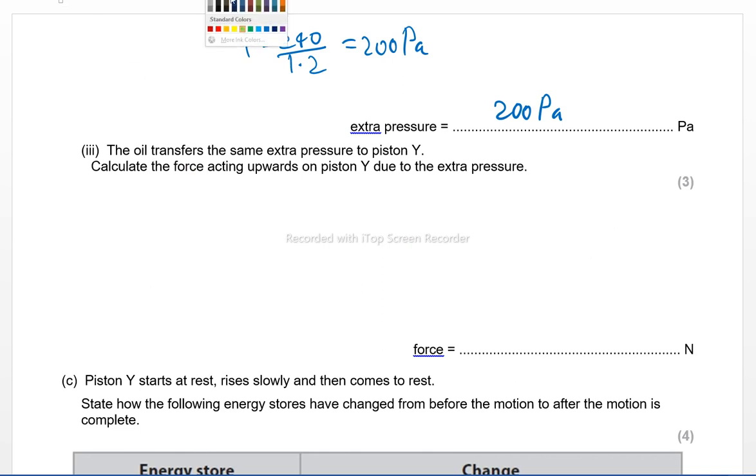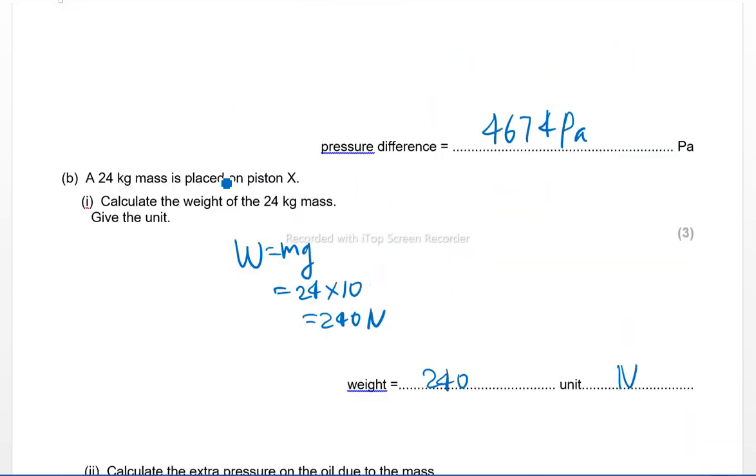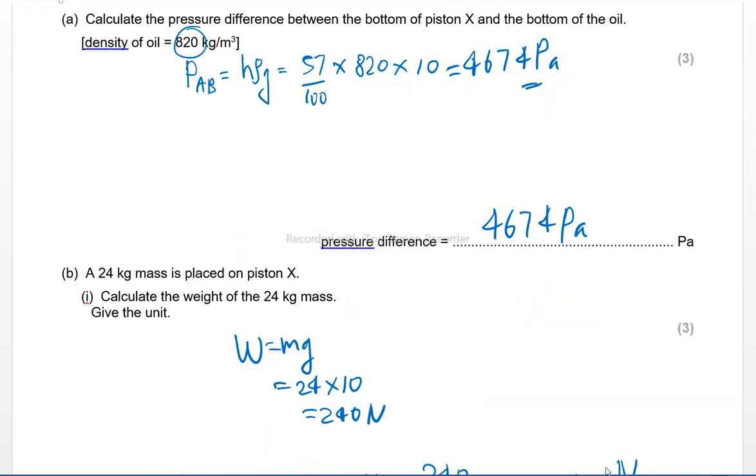So we'll substitute: 200 is equal to the force at point Y, we don't know that, divided by the area of cross section. Area of cross section is 4.8 meters squared for piston Y, right? So it's divided by 4.8.